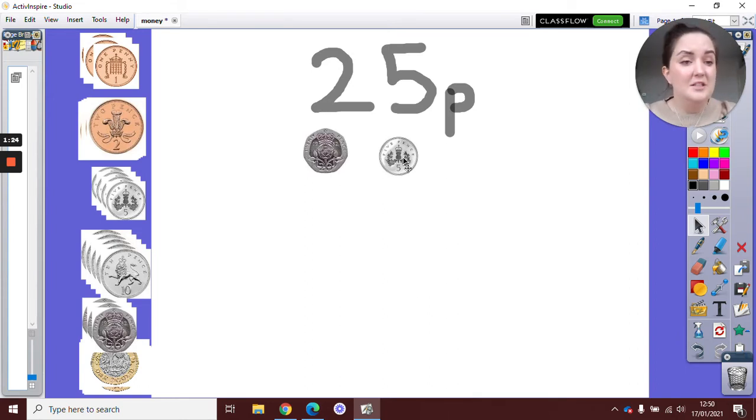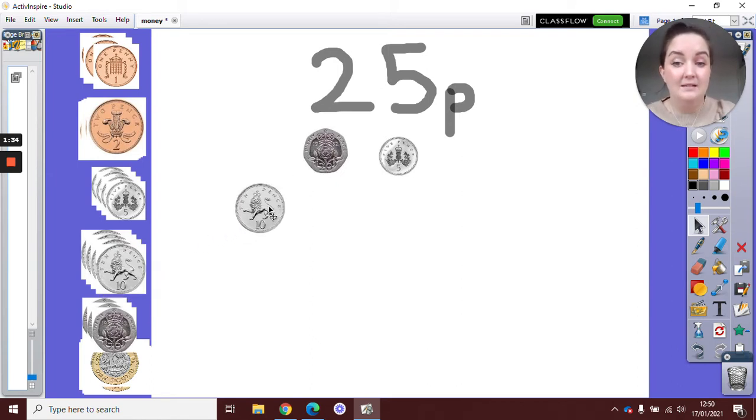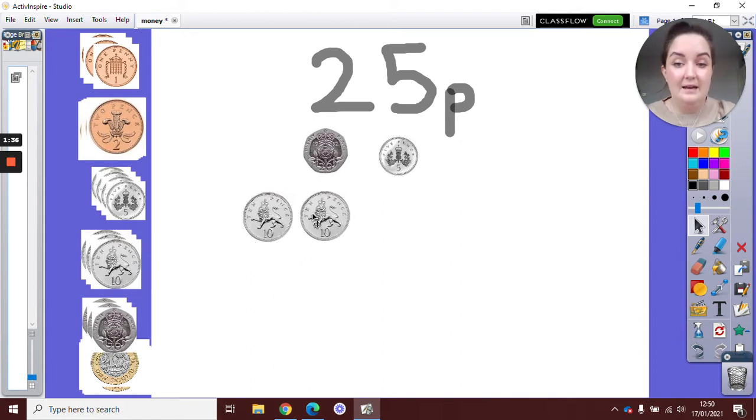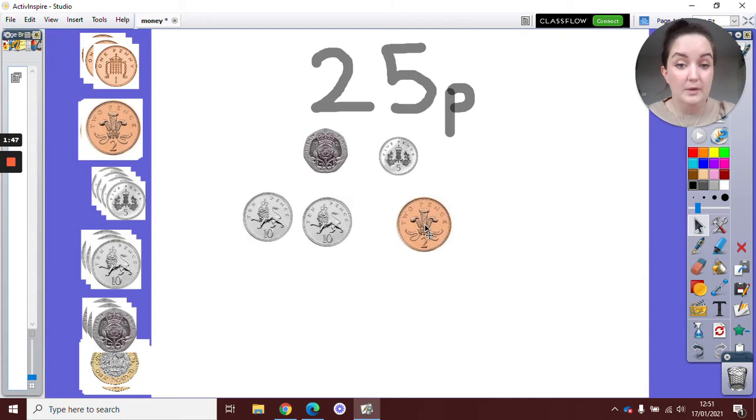But imagine I went to the shop and I didn't have a 20p and I didn't have a 5p in my purse. What could I use instead? Now I know a 10p and a 10p make 20. And what else could we use to make 5p? I know, a 2p. Add a 2p. So that's 2. Add 2 is 4.